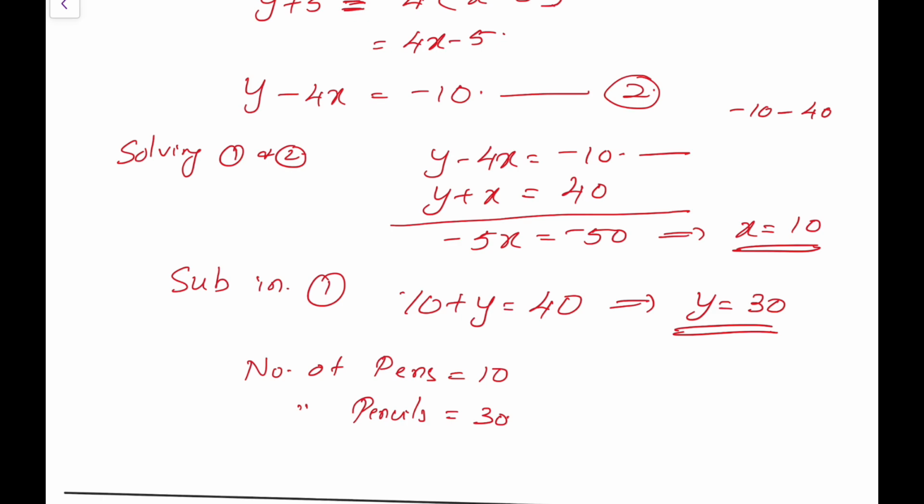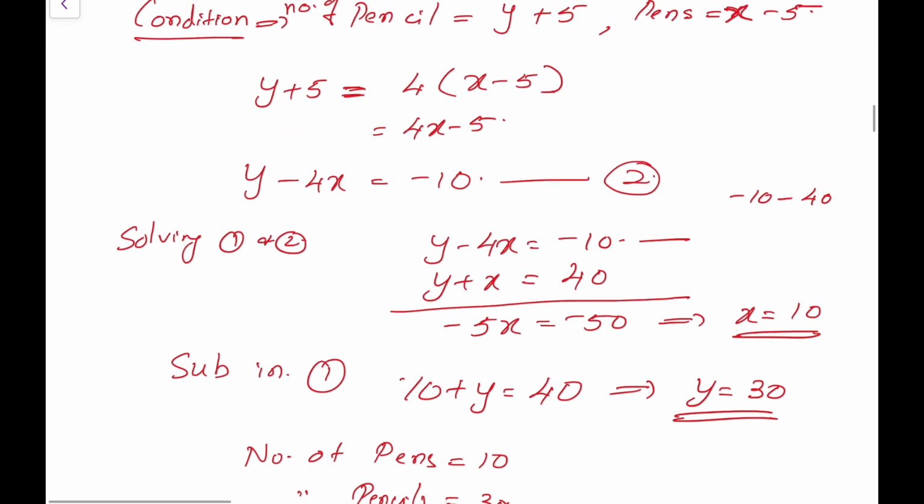Sorry, have I made some mistake? I made a mistake. 4x minus 20. Sorry. 4x minus 20. So everywhere I have to change. So y minus 4x equal to minus 25.